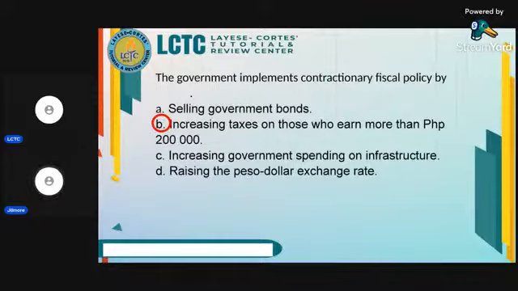So government expenditures will increase and taxes decrease. Okay. Opposite in contractionary fiscal policy. In a contractionary fiscal policy, demand is excessive, sobra-sobra, and inflation rate is very high. So the government will implement a contractionary fiscal policy through decrease in expenditures and increase in tax.